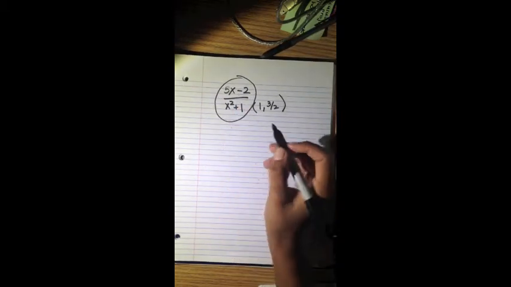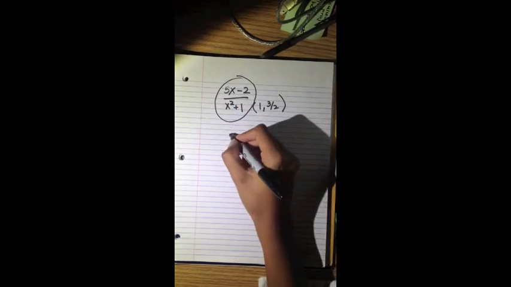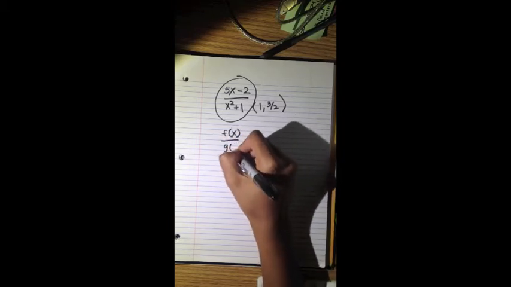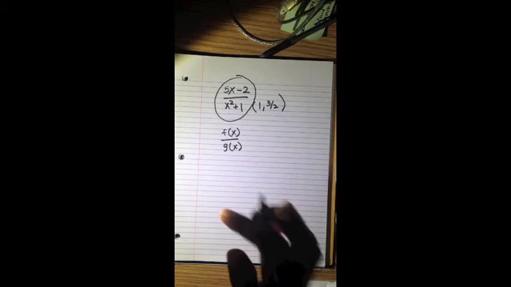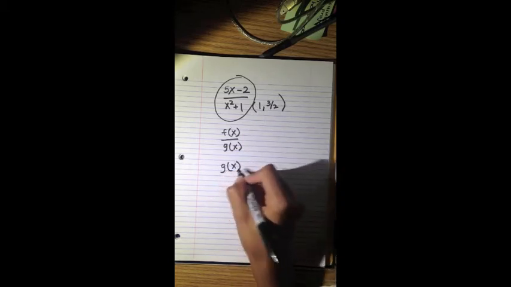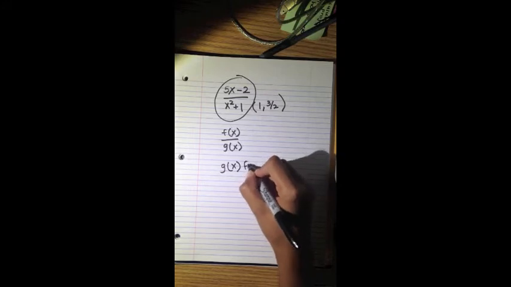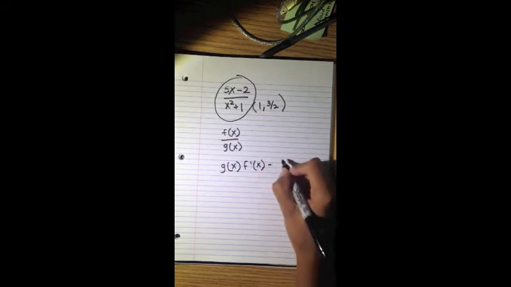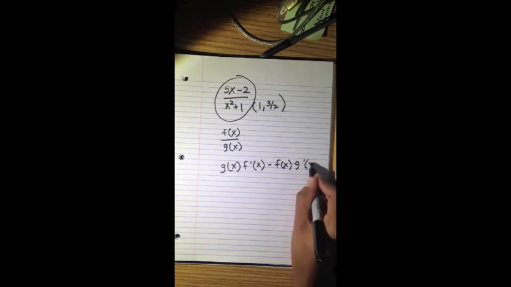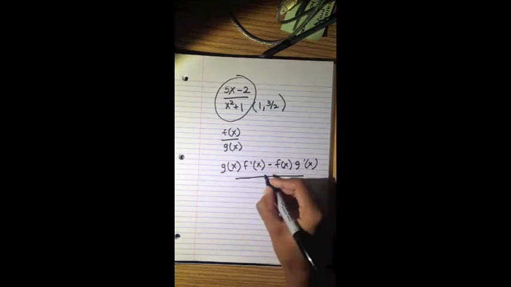Just as a reminder, the quotient rule says for a given function f(x) over g(x), the derivative would be g(x) times the derivative of f(x) minus f(x) times the derivative of g(x), all over g(x) squared.